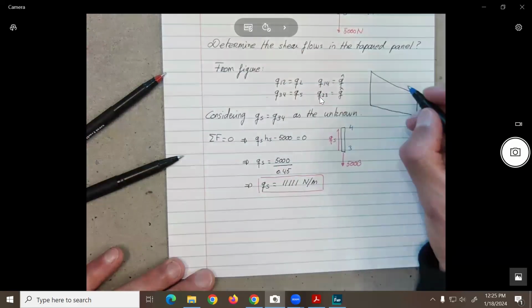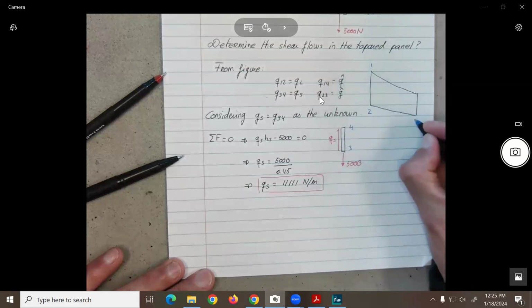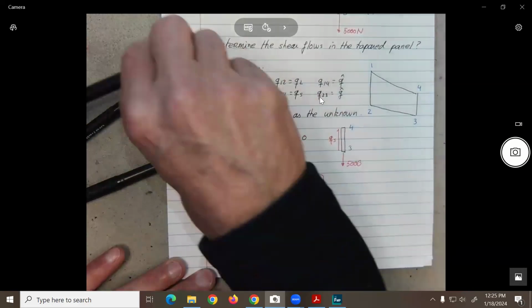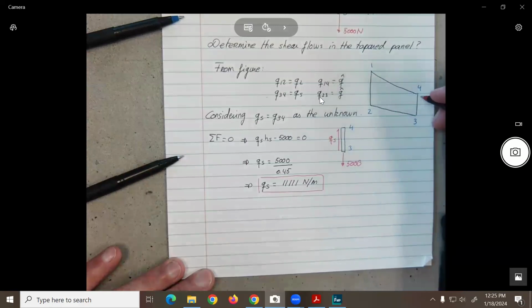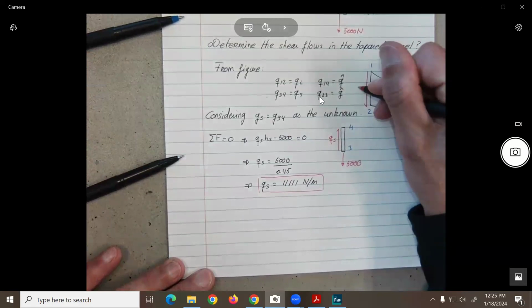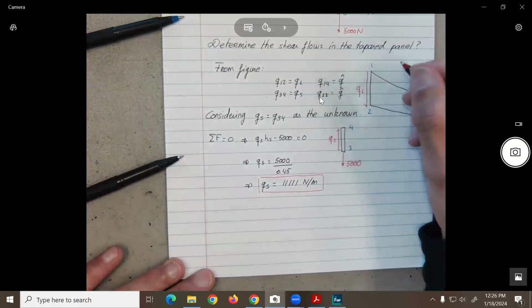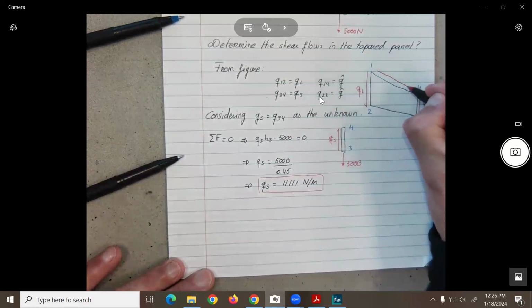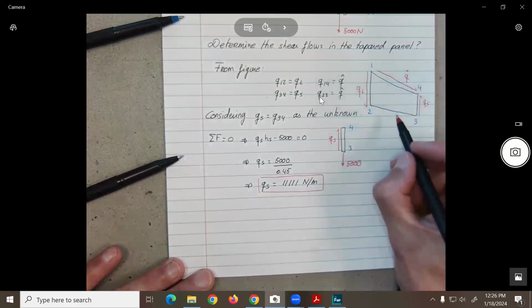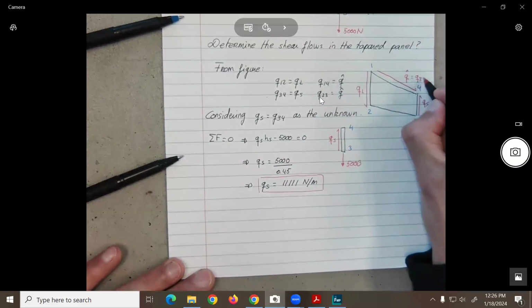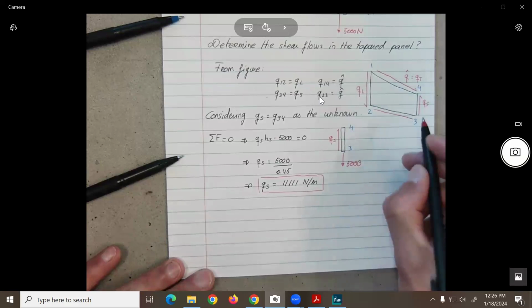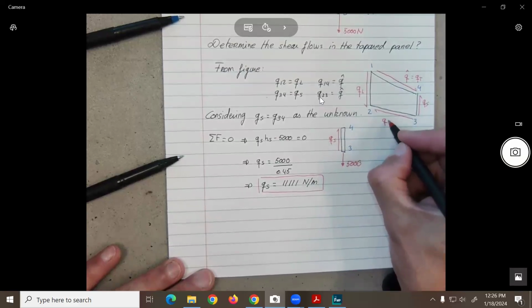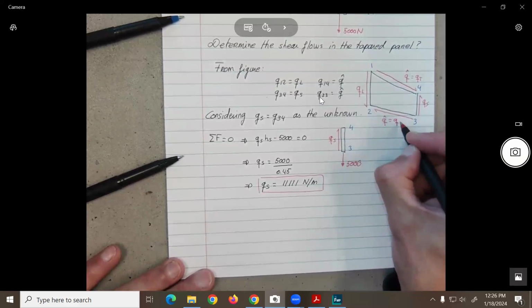So 1, 2, 3, 4. We have here Q sub S, Q long, Q hat is called Q top, Q hat equal to Q bottom.